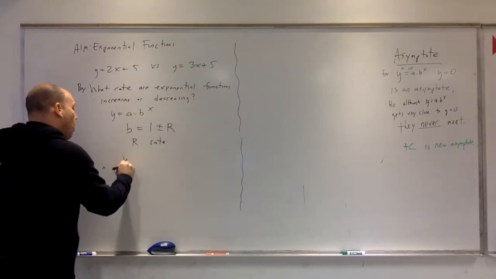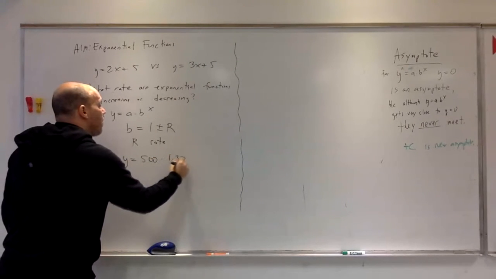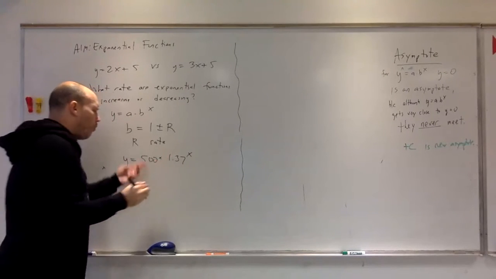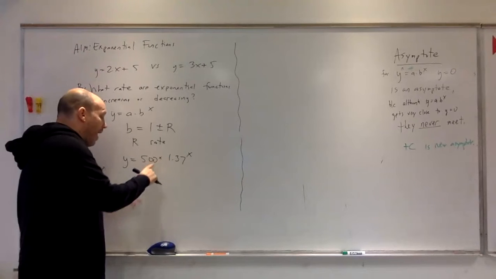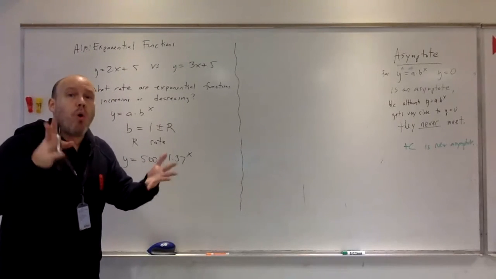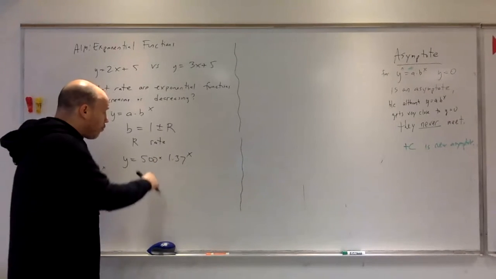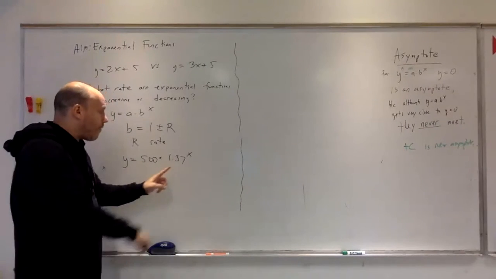Example. So if I give you y equals 500 times 1.37 to the x, what do we see here? Well, I know we're starting off at 500. Maybe it's deer, or maybe it's gold or something like that. Or maybe it's money. And I know the growth factor is 1.37.